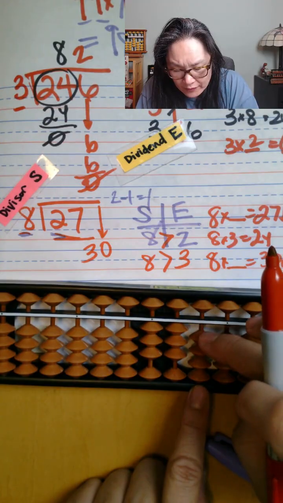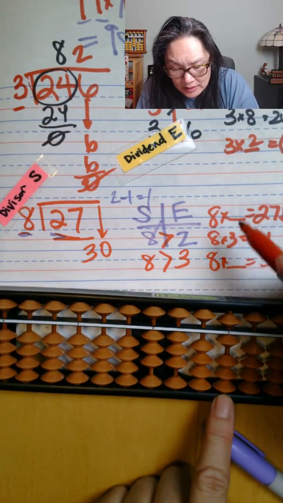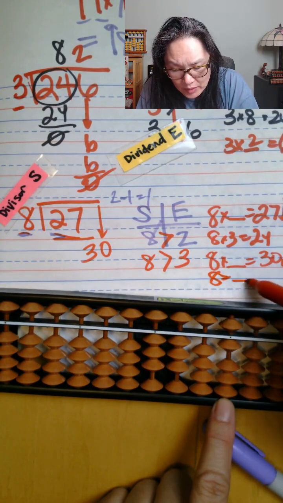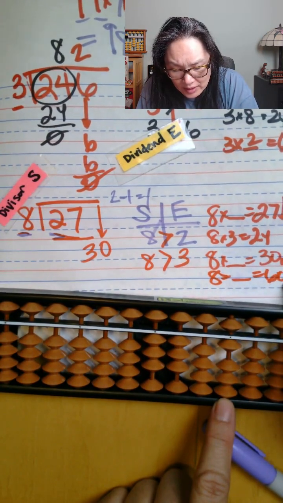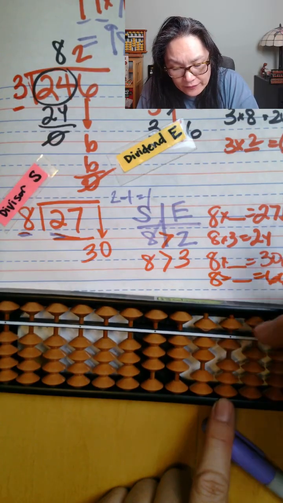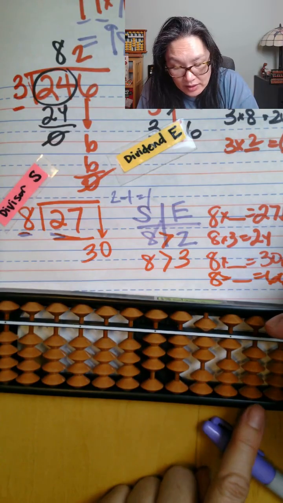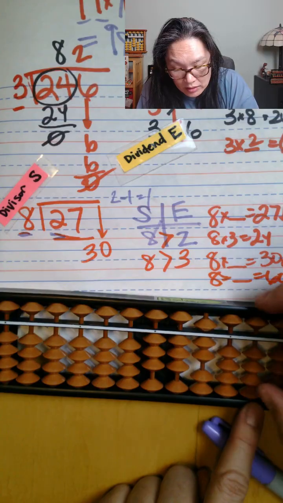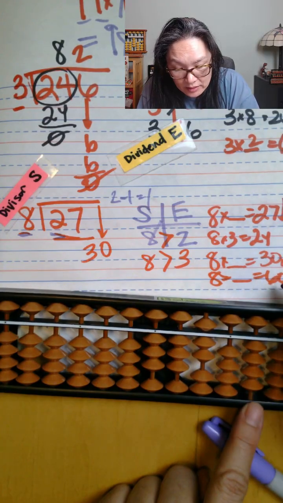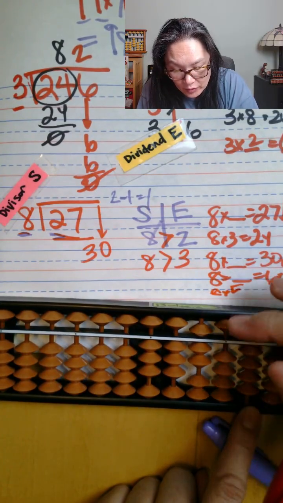Plus the 5. Take away the 10 plus the 6. So then what's next? 8 times what is equal to 60 or less? 7. So you get 7, take away 50, take away 6, which is another 4. And so then 5, right? 8 times 5 is equal to 40.